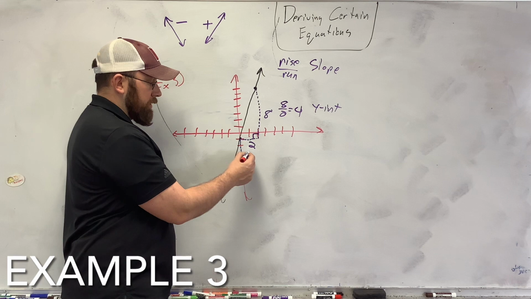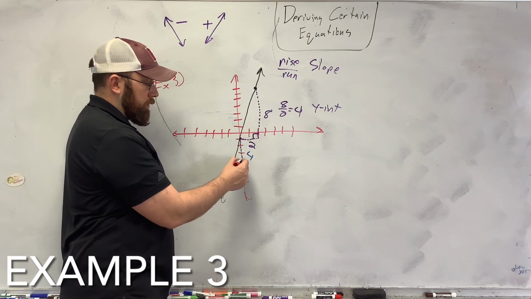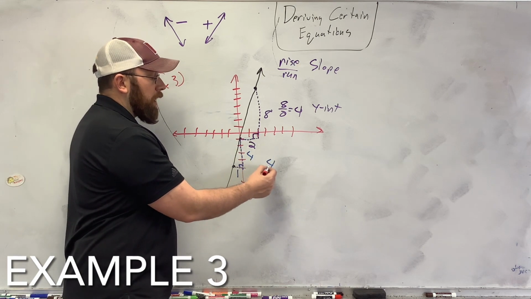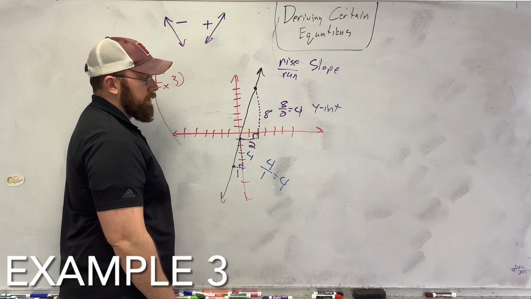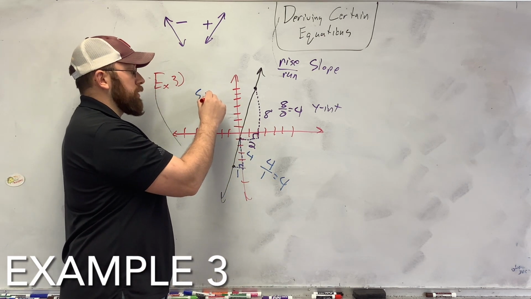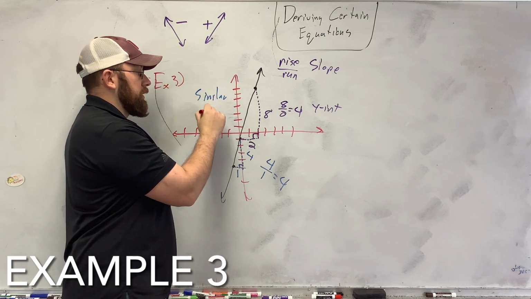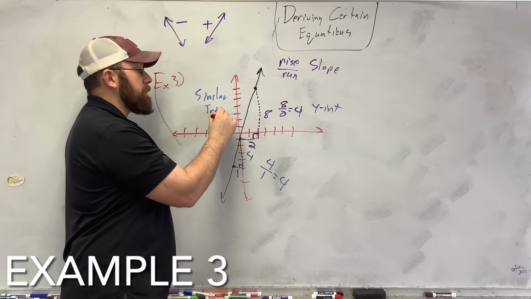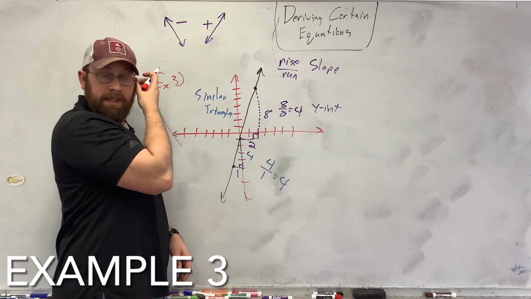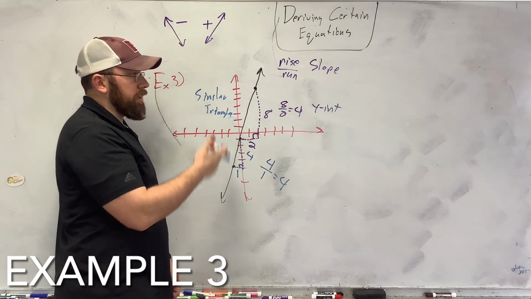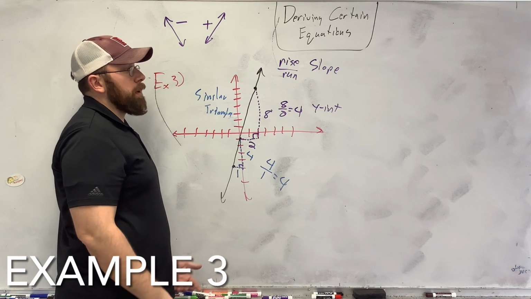How many is this? 4. So I have a rise of 4 over 1, which is 4. These are what are called similar triangles. It doesn't matter which points you take. The slope will always be the same as long as it's a linear equation.